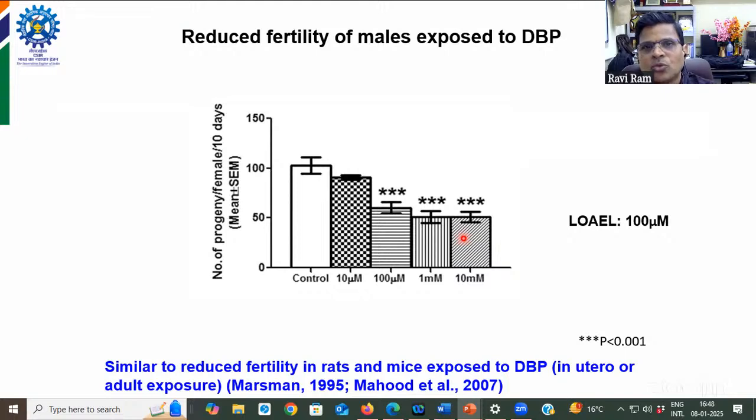Until and unless you finalize that, yes, this is the effective concentration, you have to have multiple concentrations to show what is the limit at which you have no effect and what is the limit at which there is an effect. Depending upon that, you are seeing one particular terminology here, what is called LOAEL.